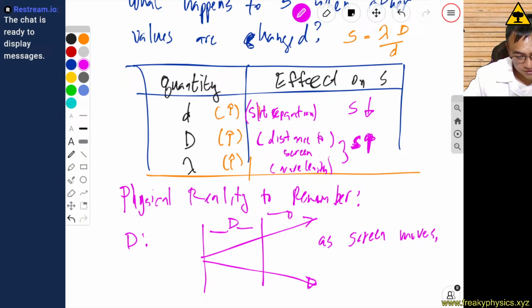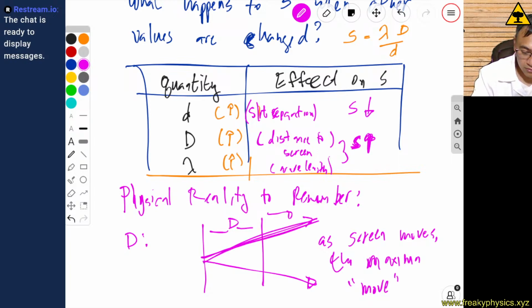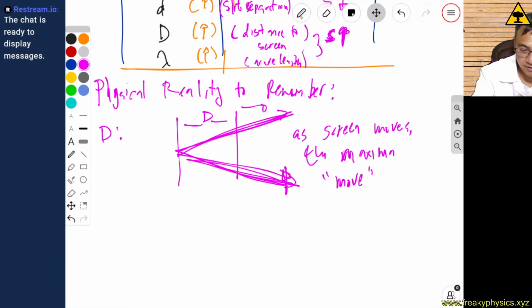As the screen moves, the maxima, quote unquote, move along those diagonal lines.